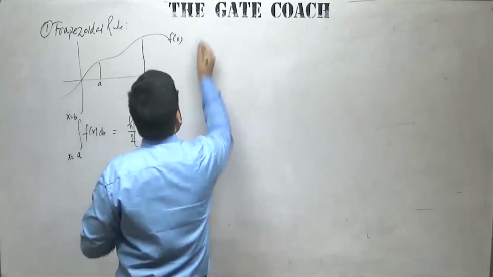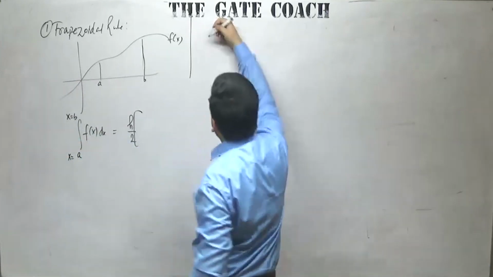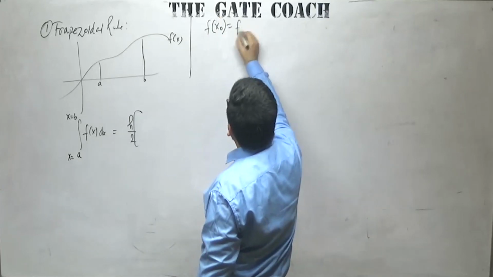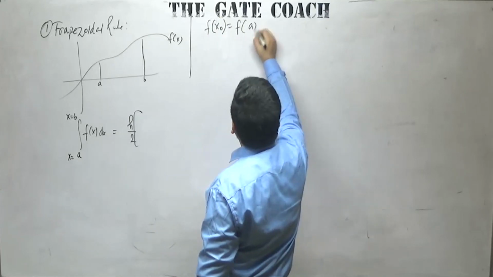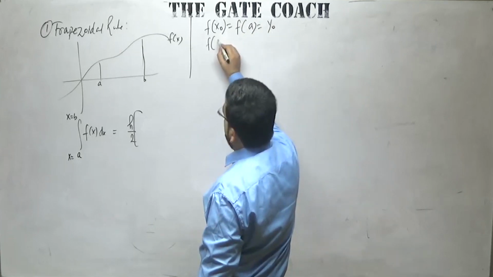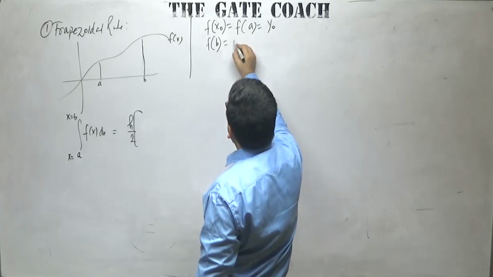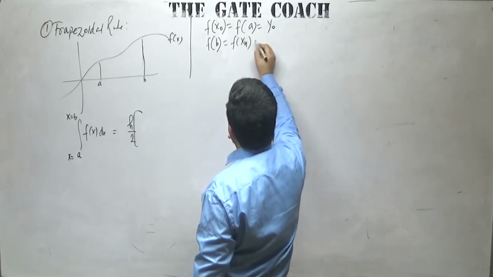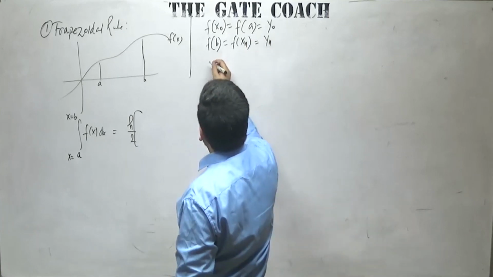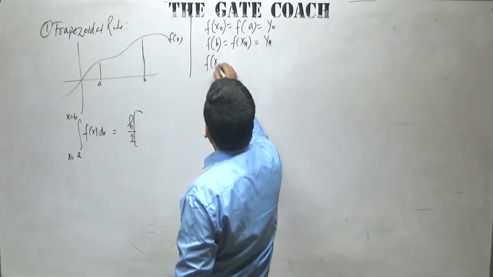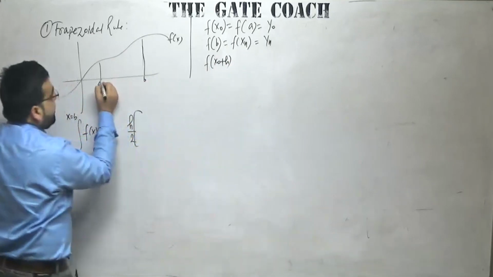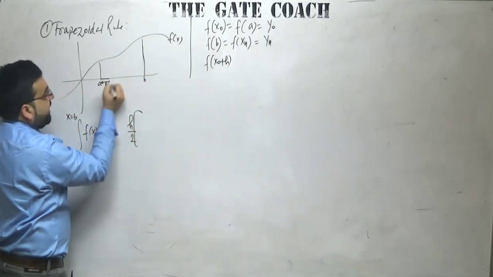Let me write something here, because otherwise it will be complicated. Let us say f of x naught is equal to f of a, which is y naught. F of b is equal to f of xn, which is yn. Similarly, f of x naught plus h, where x naught plus h is a plus h, h is this interval.